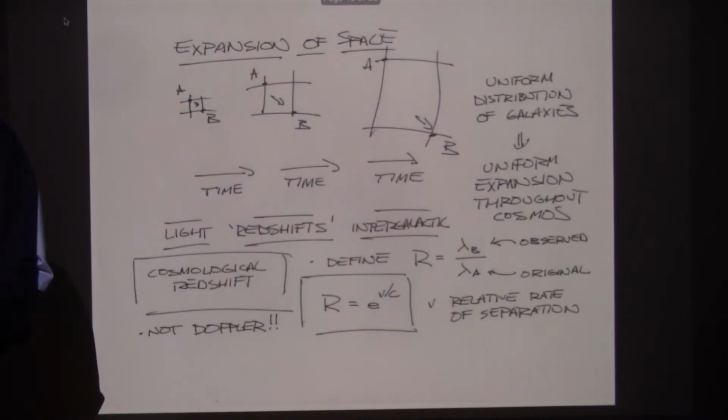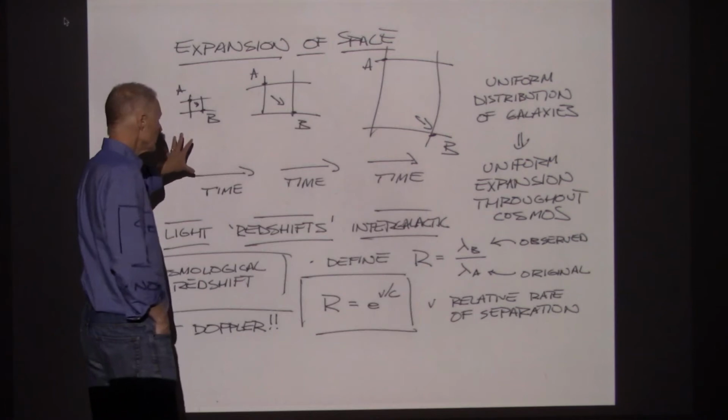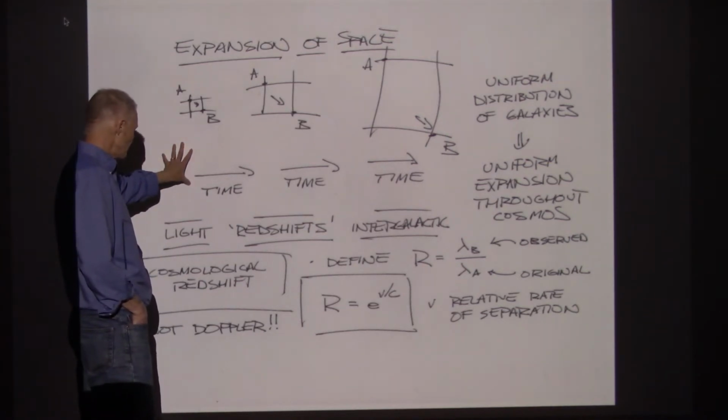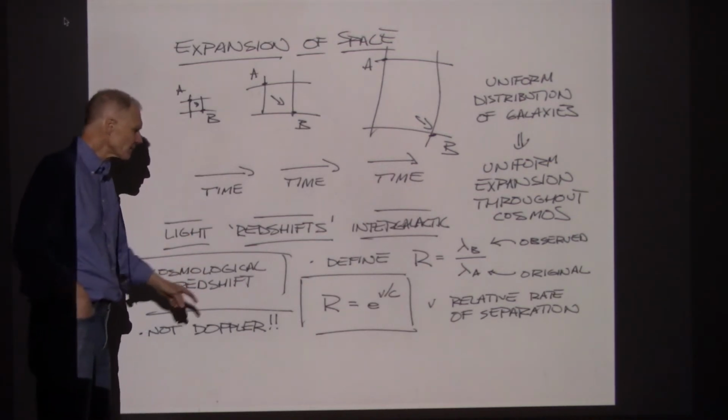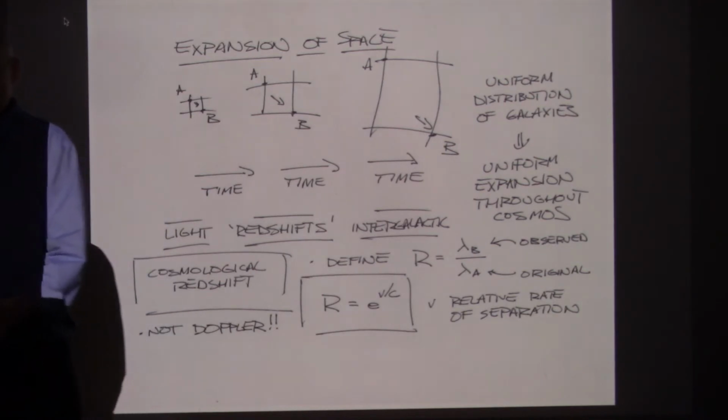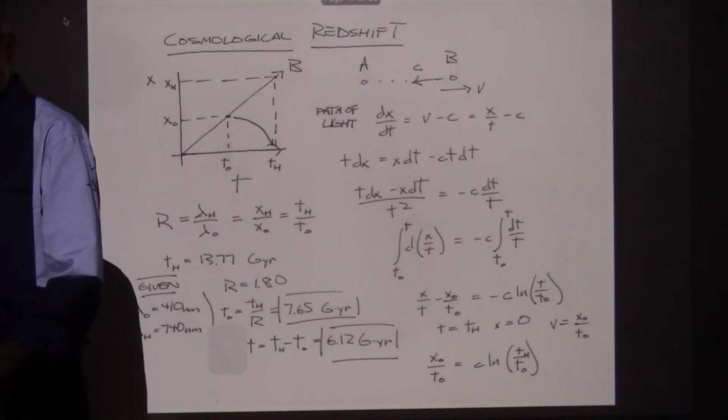It's actually a general relativity effect due to the expansion of space itself. So it's the fact that space is expanding that this redshift is occurring. So it's not a Doppler effect. We can't use the Doppler formula for this.